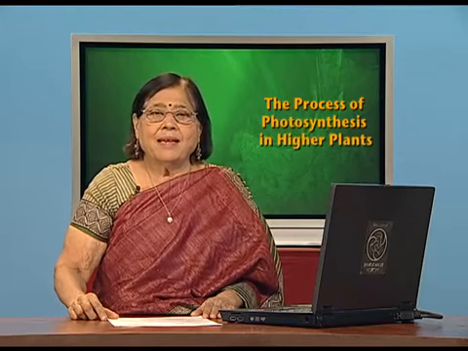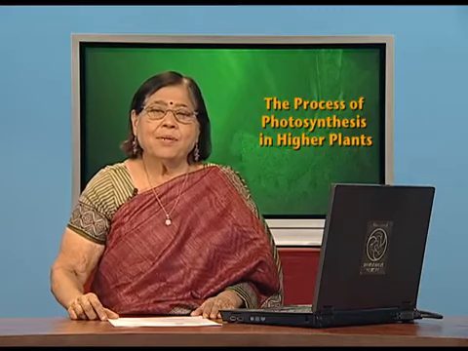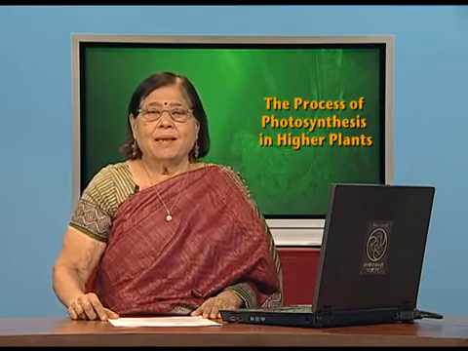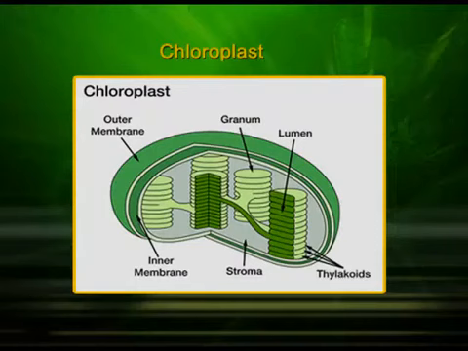When we are discussing chloroplast, it is important for us to know the structure of chloroplast. You can see in this diagram there are areas called grana and stroma, and there is a membranous structure: stromal lamellae and grana lamellae, and of course the fluid stroma.